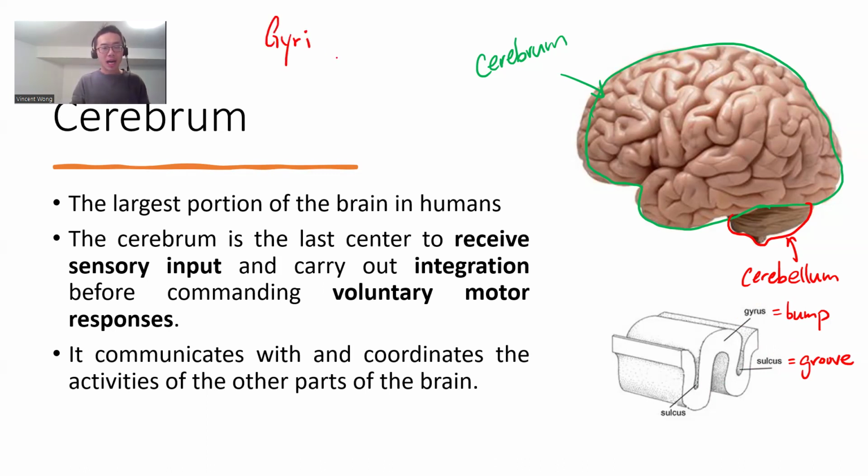Gyri is the plural of gyrus, and sulci is the plural of sulcus. For a lot of words that end with US, the plural form changes to I, like nucleus, nuclei.